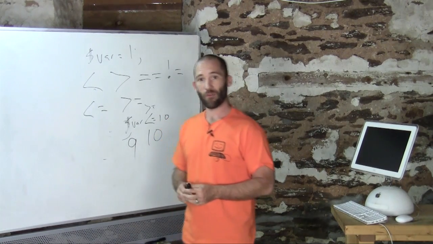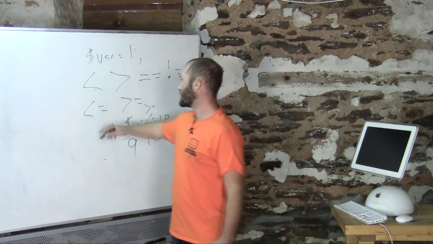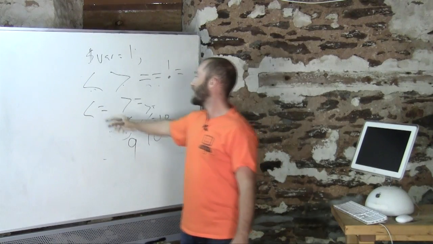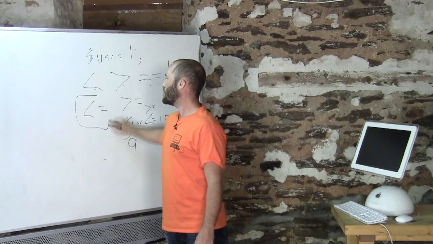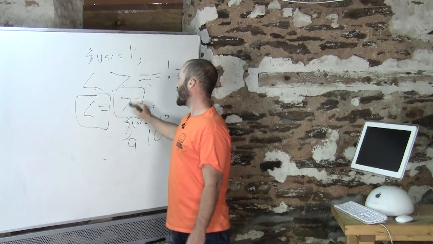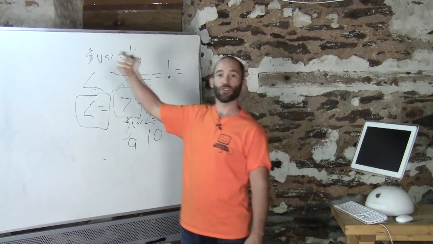Now, the important thing to remember again is within the while loops, we do have to use conditionals. So less than, greater than, equal to, not equal to, less than or equal to, greater than or equal to. Again, most of the time, you are going to be doing less than or equal to or greater than or equal to whenever you're incrementing to a certain point.